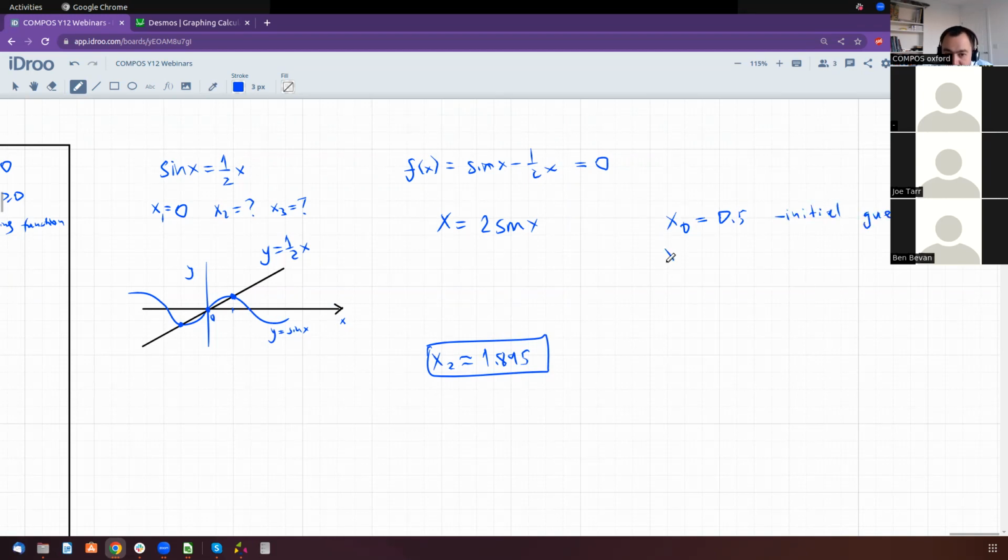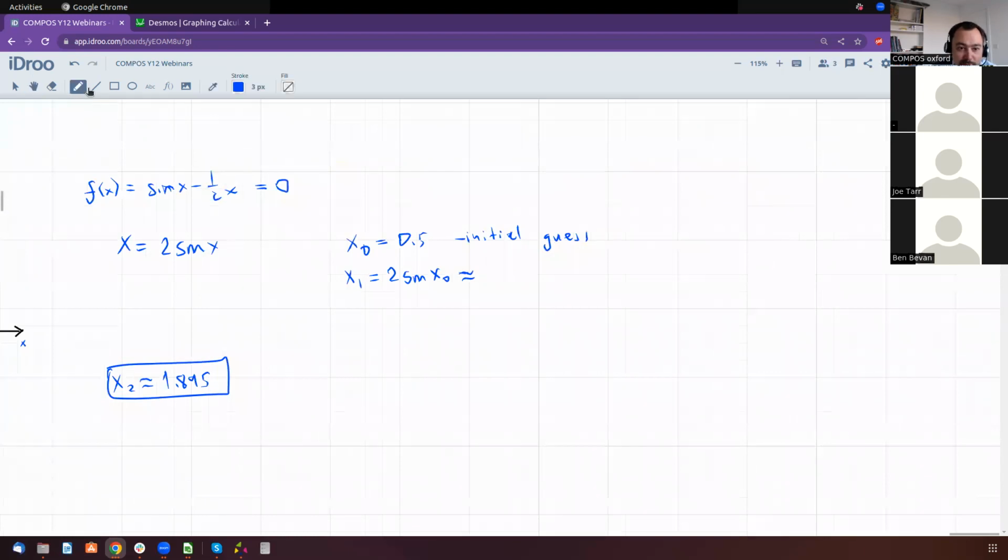And then to find x1, I do 2 sine x0. On a calculator, because I have my Casio calculator, I say 0.5 equals, and then I do 2 multiplied by sine answer.